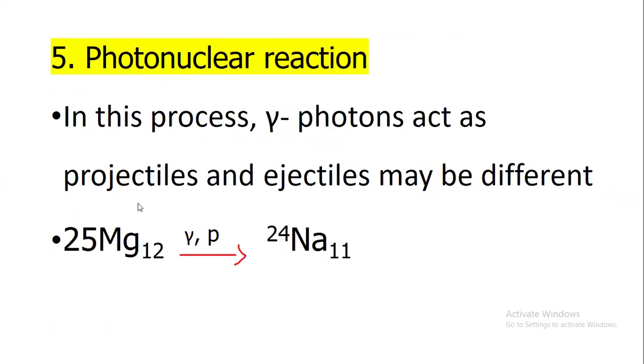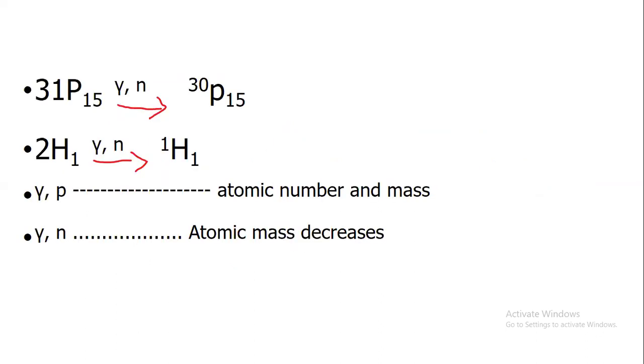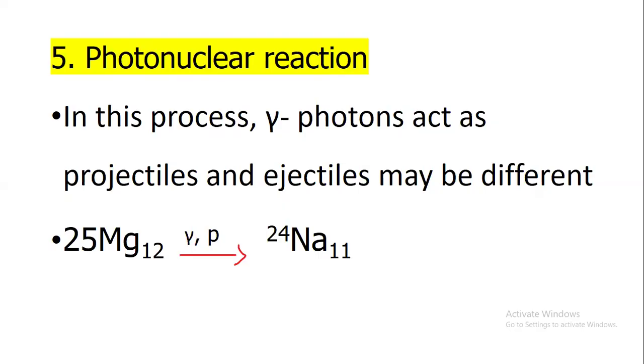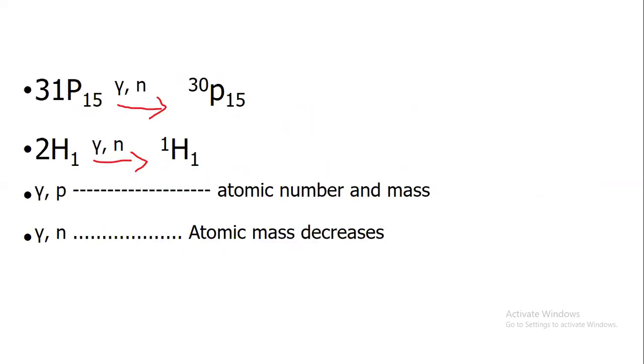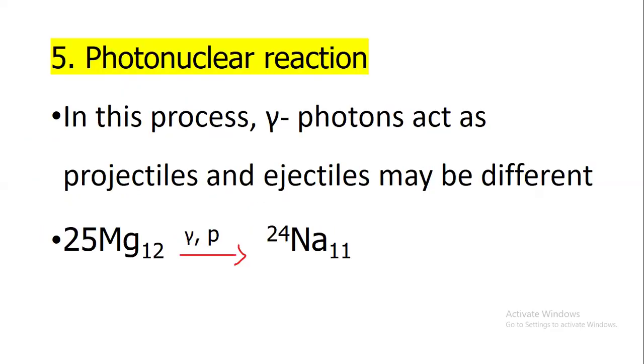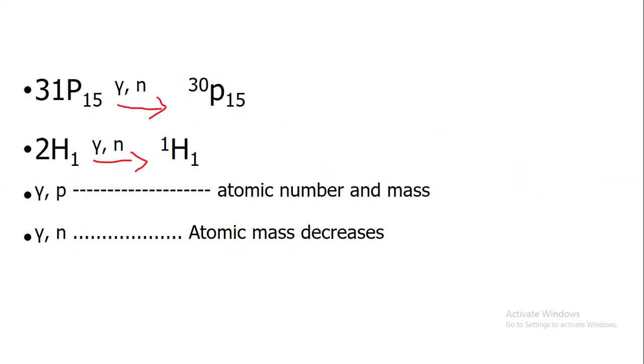Photonuclear reaction. In this process, gamma photons act as the projectiles. Gamma p: atomic number and mass decrease; gamma n: atomic mass decreases.